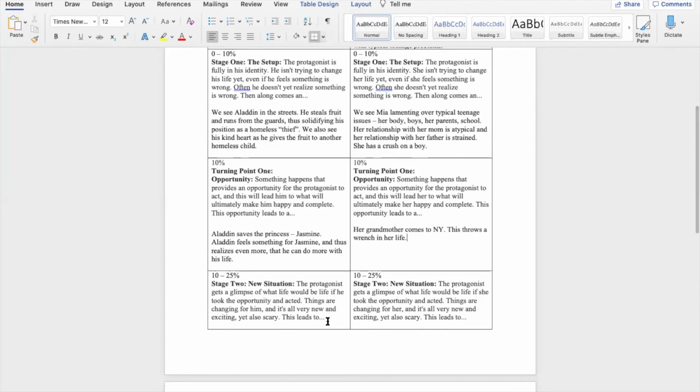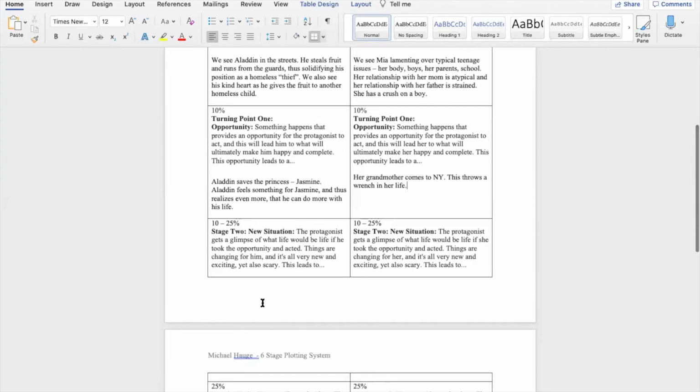So in the Princess Diaries, the turning point, the opportunity is actually forced onto Mia. Again, very different, you know, that's why I use these two stories. Two very different situations where Mia is, I mean, we're at least led to believe that she's pretty comfortable with who she is. And then all of a sudden, something is kind of forced on her, where Aladdin, not so much, right? Aladdin is, you know, he's kind of actively seeking some sort of change.